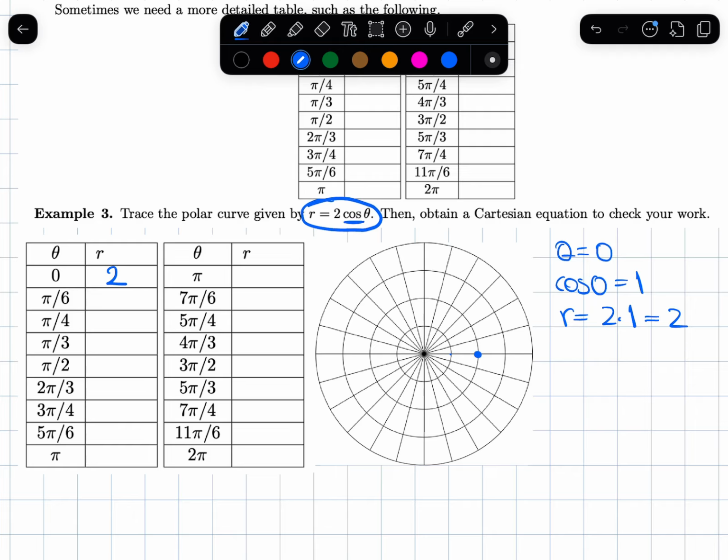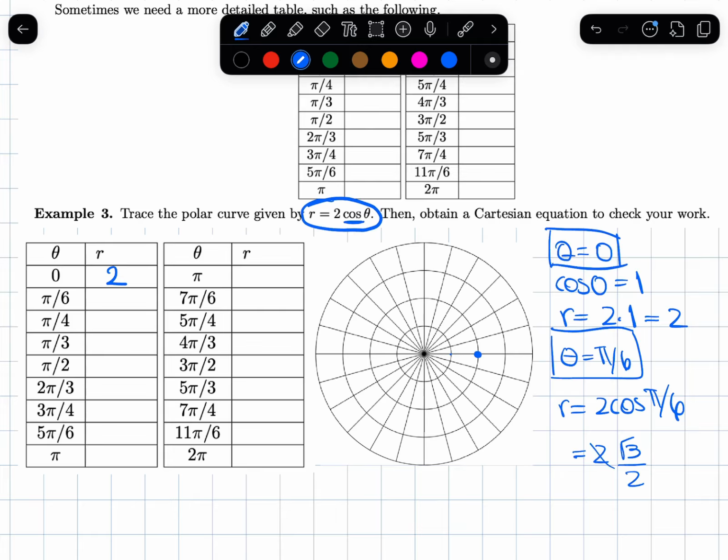When I'm at pi over 6, then I'm going to do r equals 2 cosine pi over 6. What's the cosine of pi over 6? That's the square root of 3 over 2. So this will be the square root of 3.